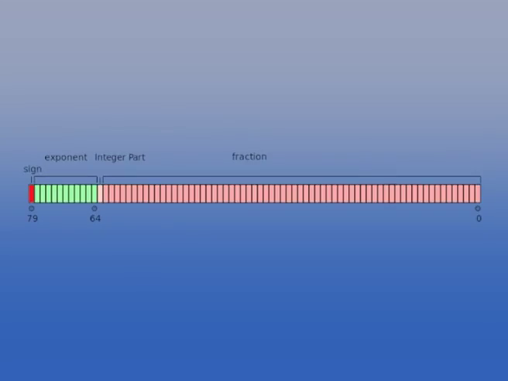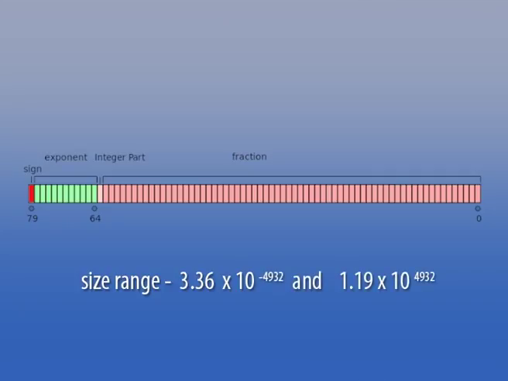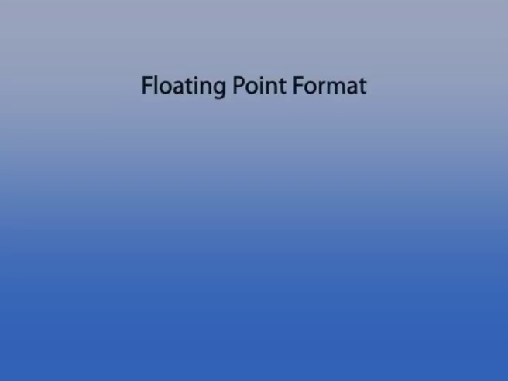This data type requires 80 bits of storage to represent numbers which range in size between 3.36 times 10 to the power minus 4932 and 1.19 times 10 to the power 4932. That is the range. Such a large range of floating point numbers can be expressed in an 80-bit floating point number. For those familiar with floating point formats, 80-bit is the floating point representation.